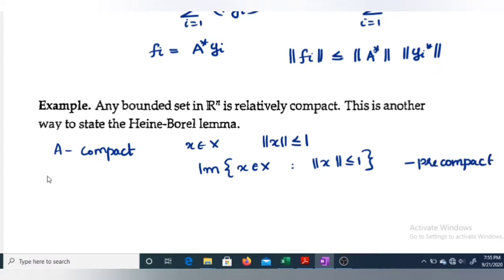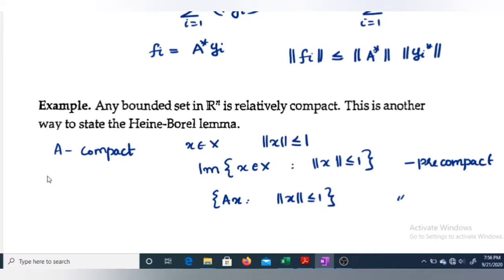Now what about Ax? The image set is Ax. Here we have to prove that the set of all Ax such that the norm of x is less than or equal to 1 is pre-compact. Here Ax is the sum from i equal to 1 to n of the tensor product of fi and yi.